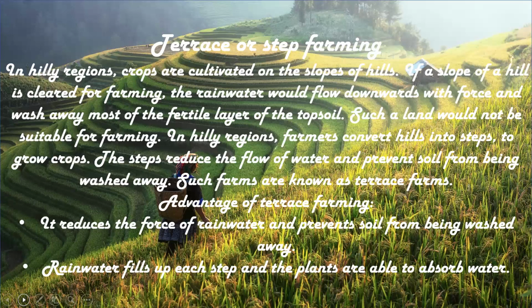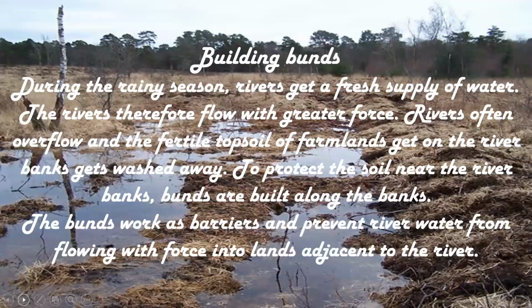Advantage of terrace farming. It reduces the force of rainwater and prevents soil from being washed away. Rainwater fills up each step and the plants are able to absorb water. Building bunds. During the rainy season, rivers get a fresh supply of water. The rivers therefore flow with greater force.